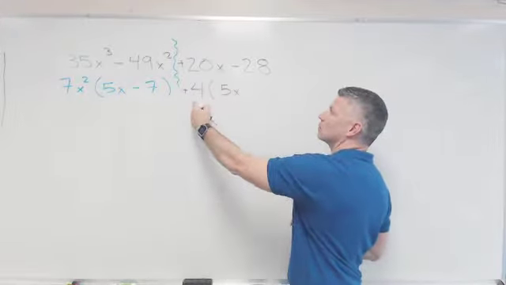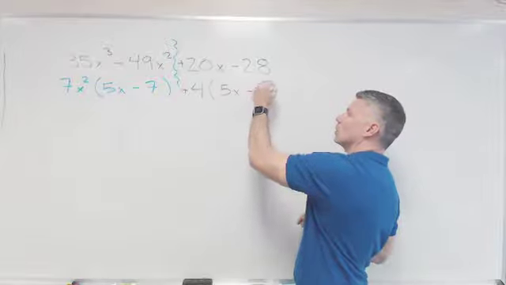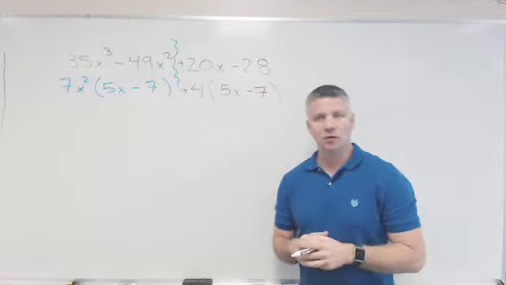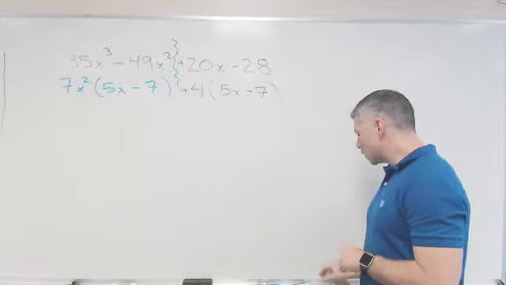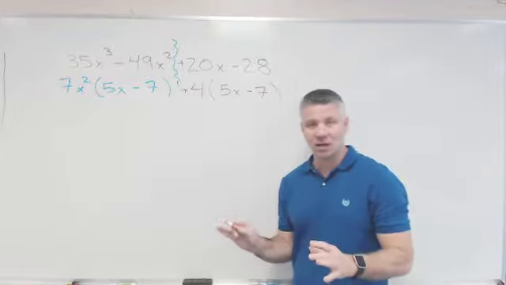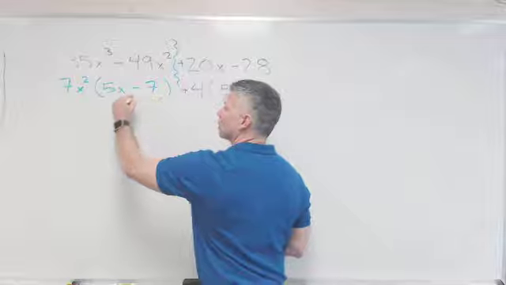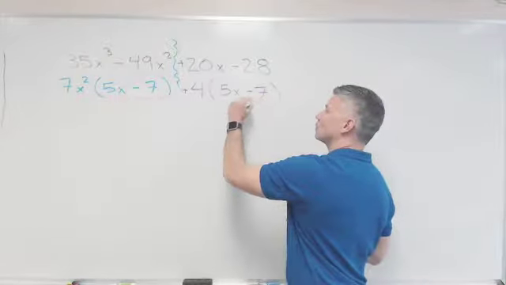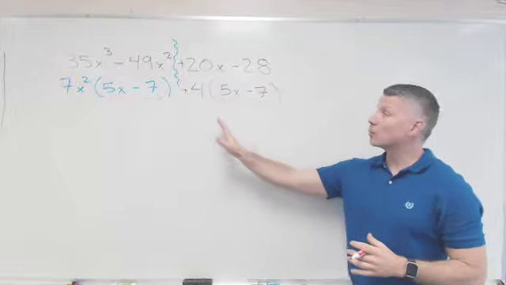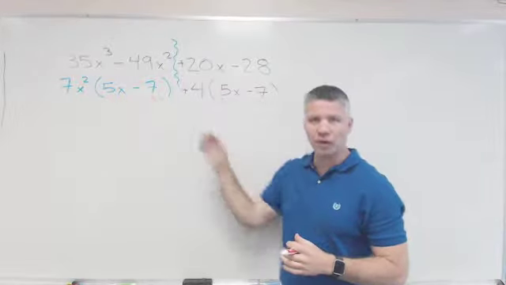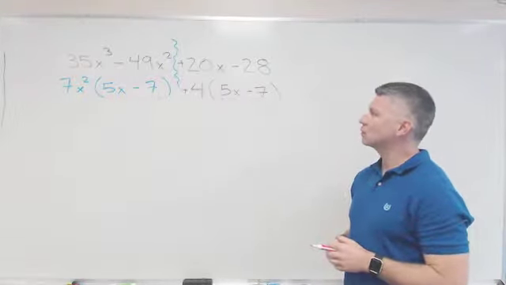Negative 28 divided by 4, negative 7. I'm pretty sure you see it, but it has to happen that you get the same thing in the parentheses. If not, you have a problem and you need to go back and do your GCFs again.